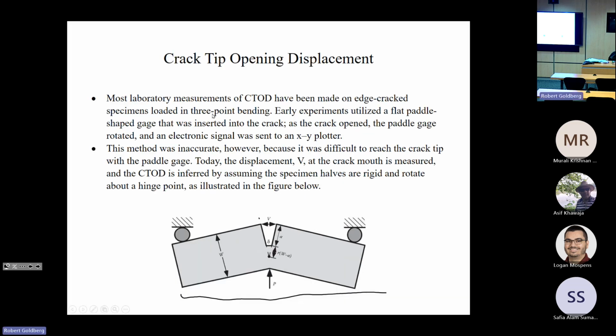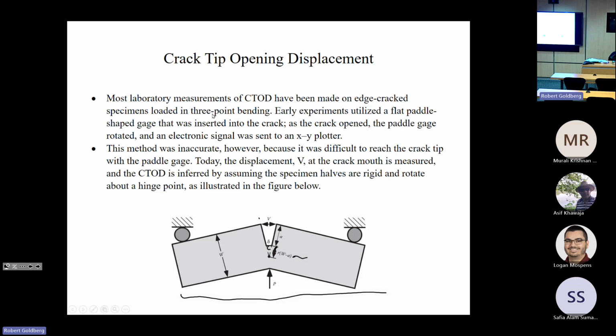So from that equation, we defined A as our crack length, delta as our crack tip opening displacement, and W is the width. This R times W minus A defines the distance from the edge of the crack to our hinge point.